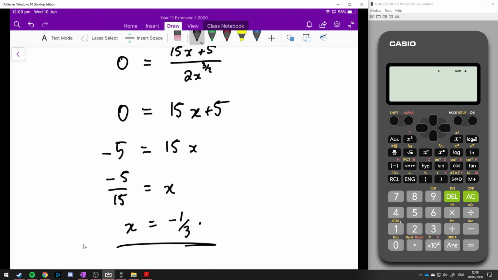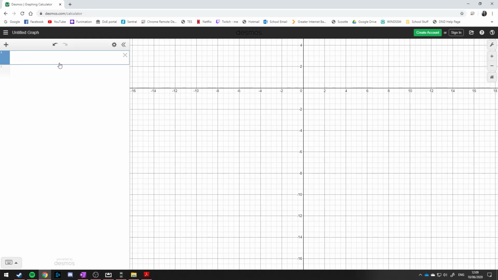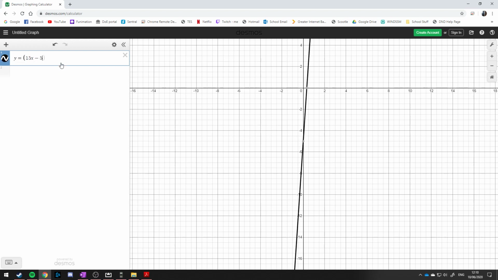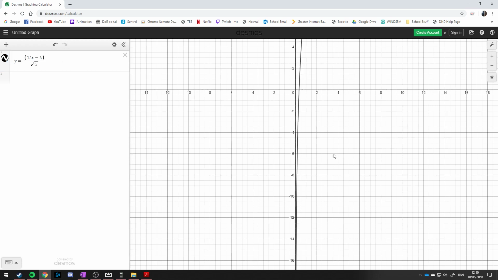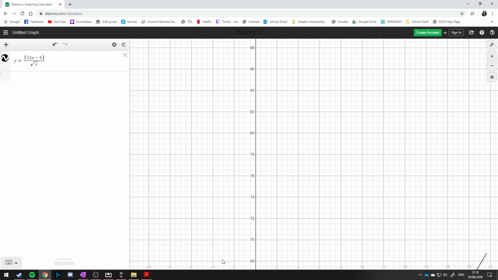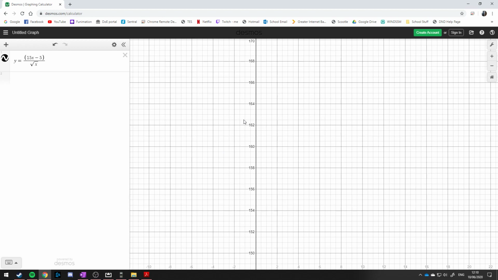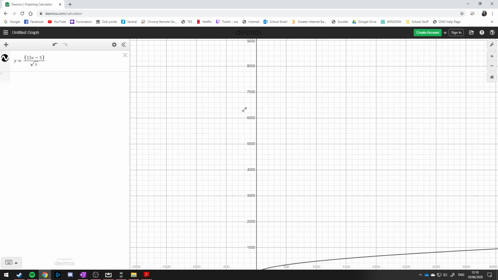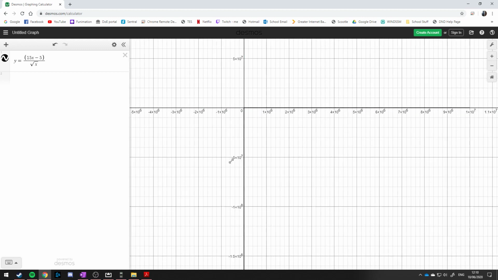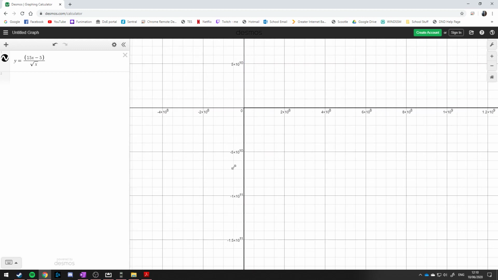Okay, and again, we can double check this one by putting our function in. Let me just quickly scroll back up on my screen. We've got y is equal to 15x minus 5 all over square root of x. Now it doesn't look like much is happening, but if I can work out where the negative a third is going to be, if I take it all the way out, it kind of looks like it's going to go on forever down there.